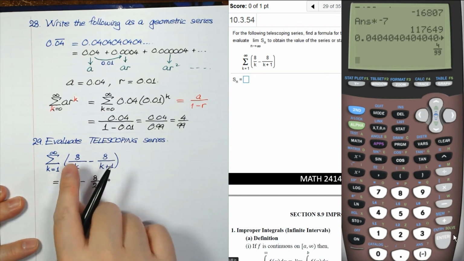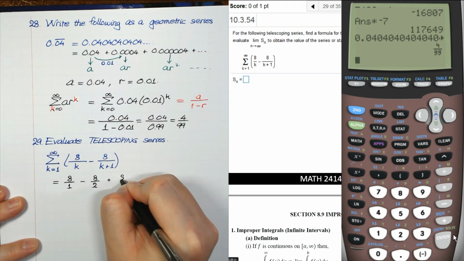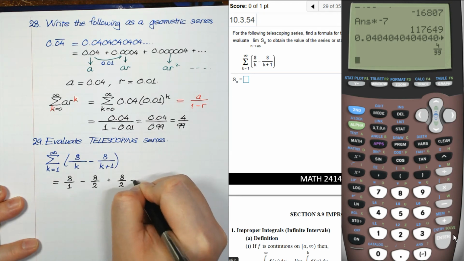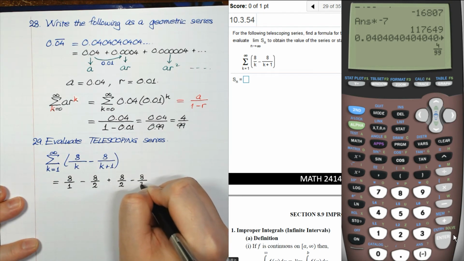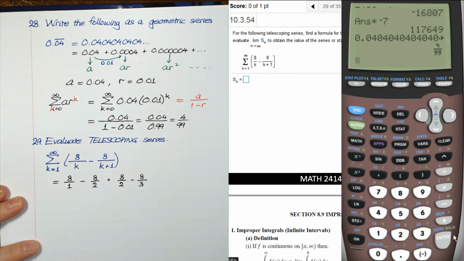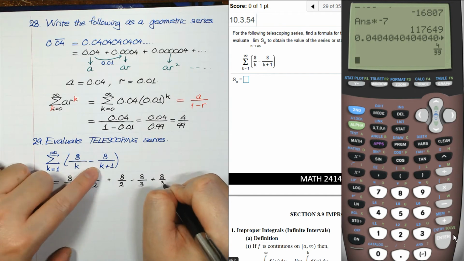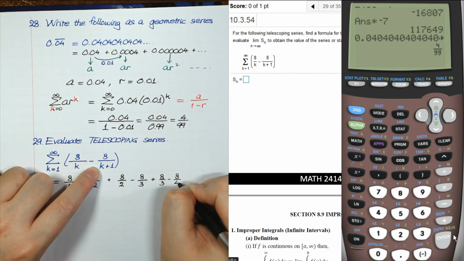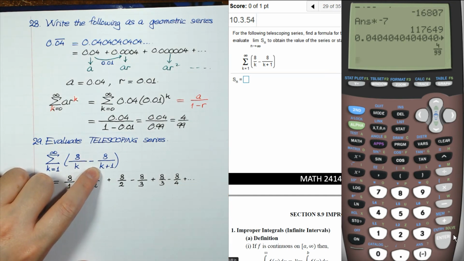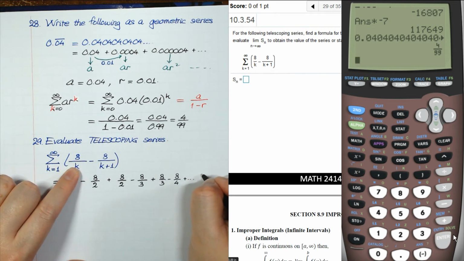Now we're going to put 2 in. A over 2 minus A over 3. Now put 3 in. A over 3 minus A over 4. Now do that and we put n in. A over n minus A over n plus 1.